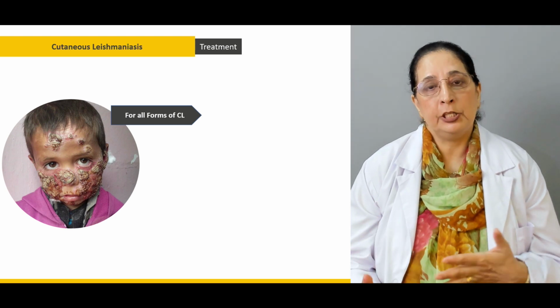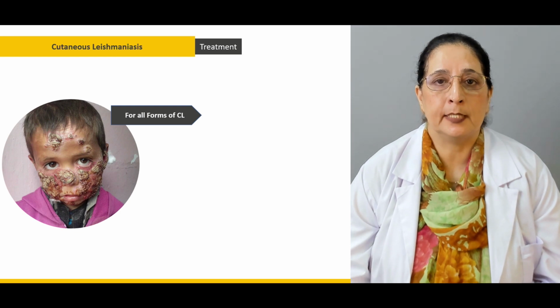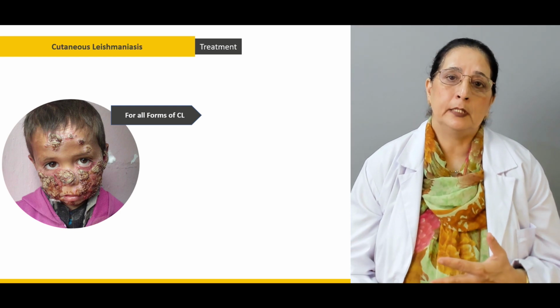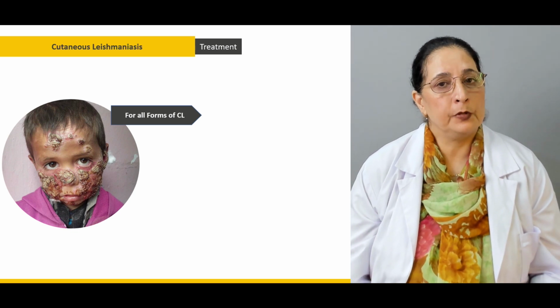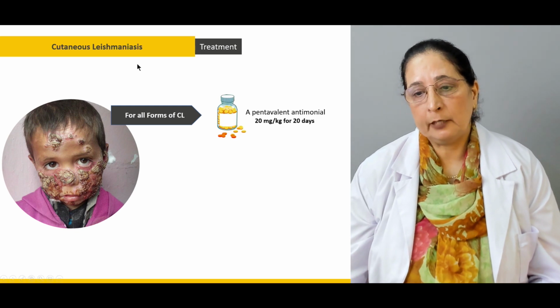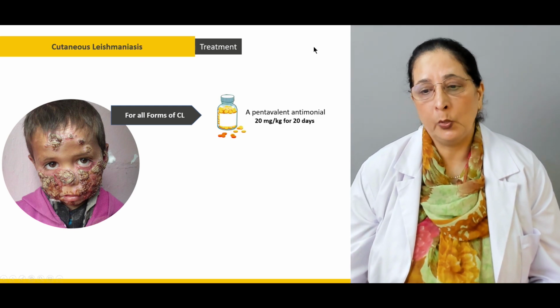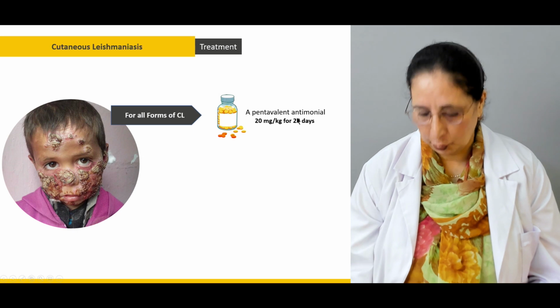I already mentioned, depending on the area where the disease is found, the causative organism can be different. But for all forms of cutaneous leishmaniasis, a pentavalent antimonial, 20 milligram per kg body weight for 20 days, is used.